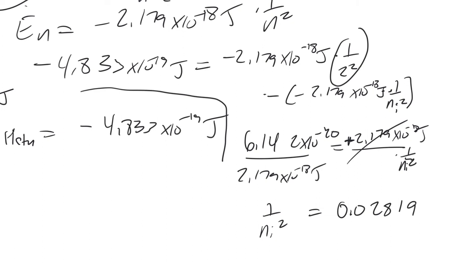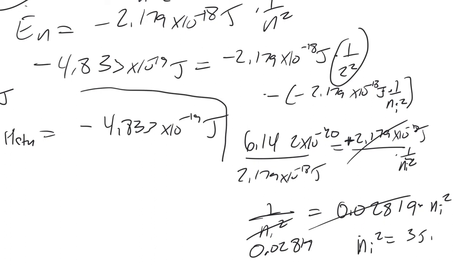And so I just need to do some cross multiplication. So put n i squared over here, then divide both sides by 0.02819. Maybe I've rounded something a little bit wrong. This is about 35 and a half is equal to the n i squared. So n i squared is equal to about 35.5.